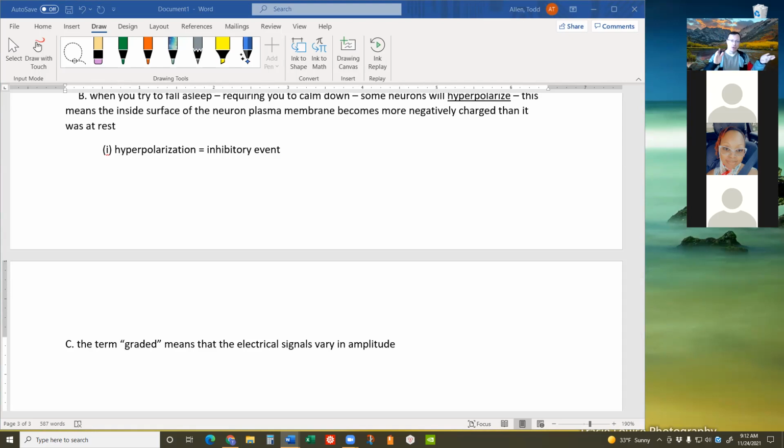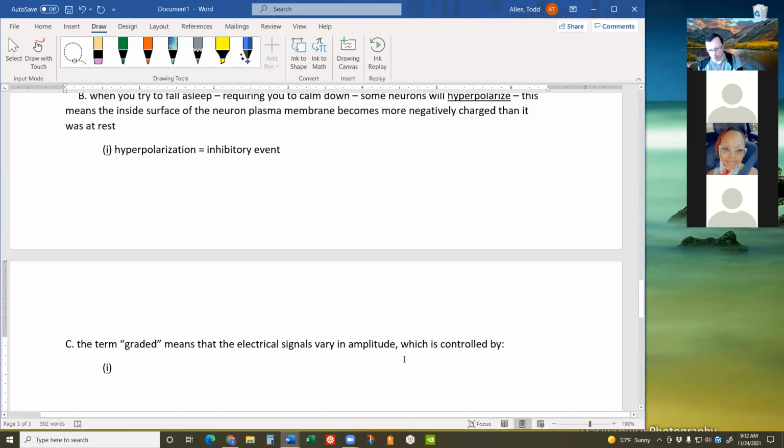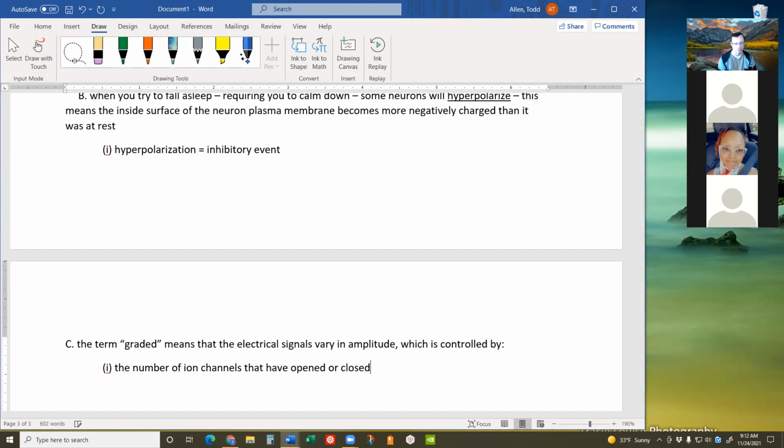So the term graded means that the electrical signals vary in amplitude, and the amplitude is controlled by two things. First, the number of ion channels that have opened or closed, and the length of time each ion channel has stayed open or closed.